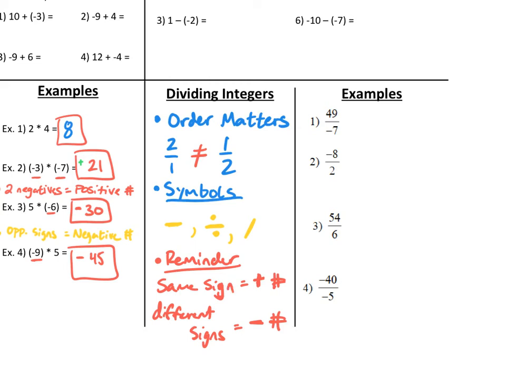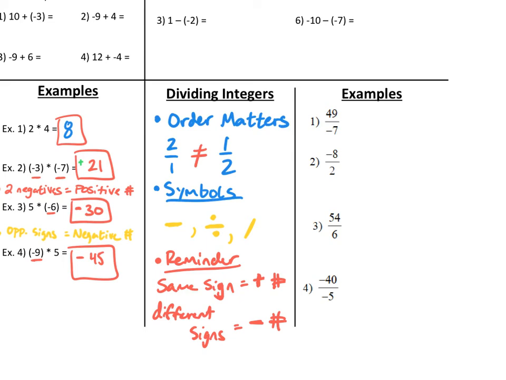Same sign as a positive number, different signs are a negative number. Okay, so that falls just in line with multiplication. All right, so those will tie on and go together. Is everybody good? You need me to slow down for a second? We're good? Okay.